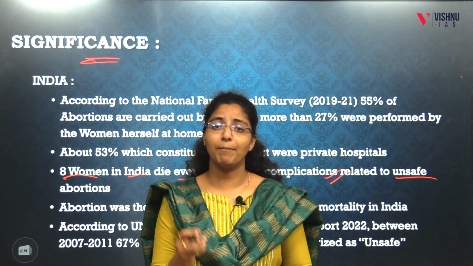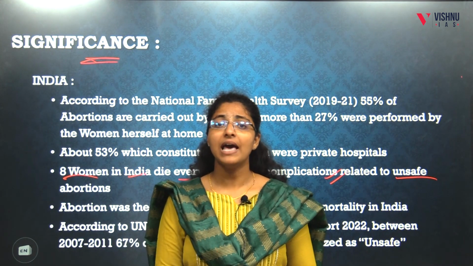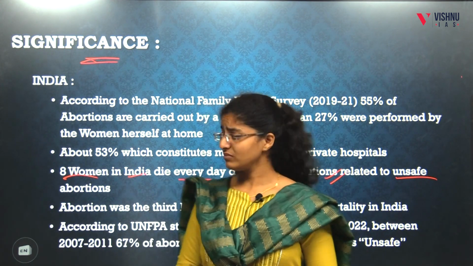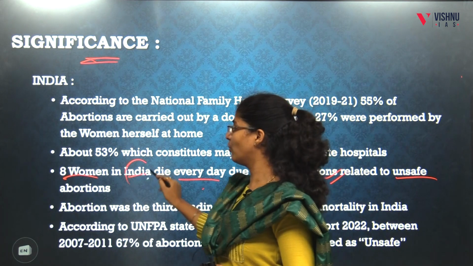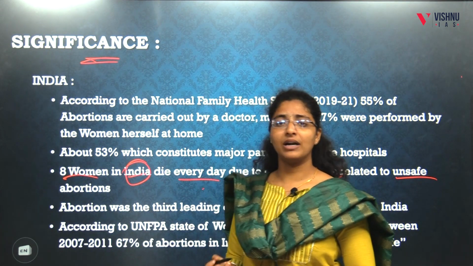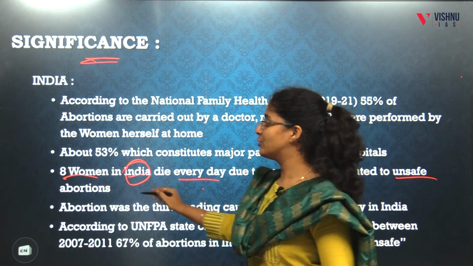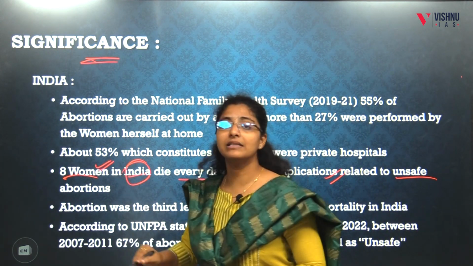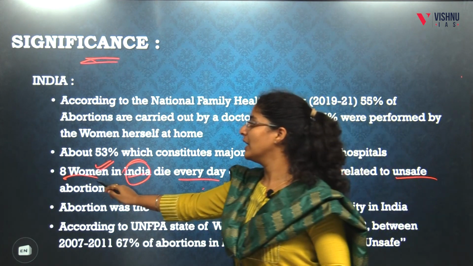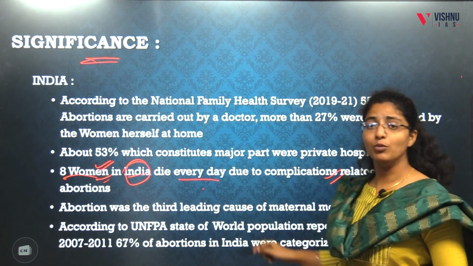Maternal mortality rate is a parameter that shows the standard of living and health parameters of a country. So when India's maternal mortality rate is high compared to neighboring countries, in order to tackle it, we should be tackling this death of 8 women every day.